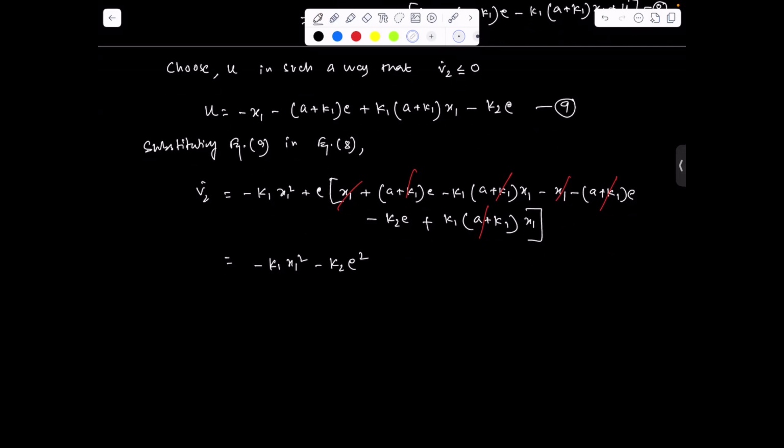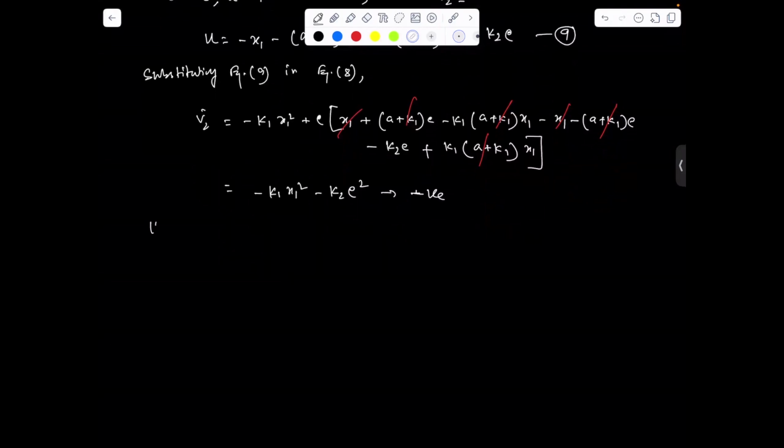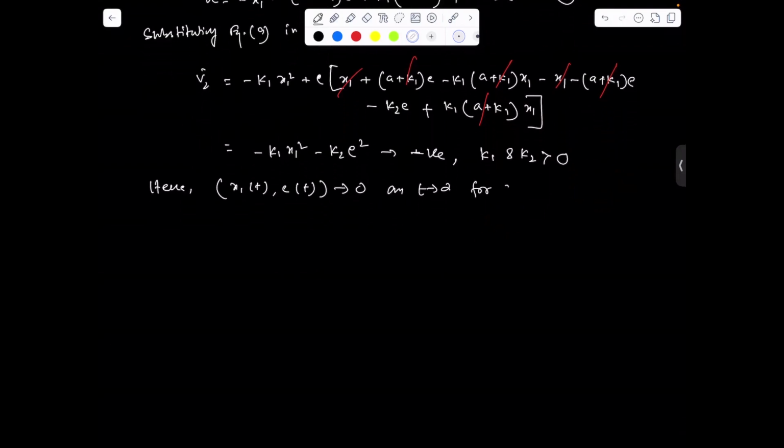This is negative definite, and here k1 and k2 are greater than 0. Hence x1 of t and e of t go to 0 as t tends to infinity for all initial values x naught and e naught.